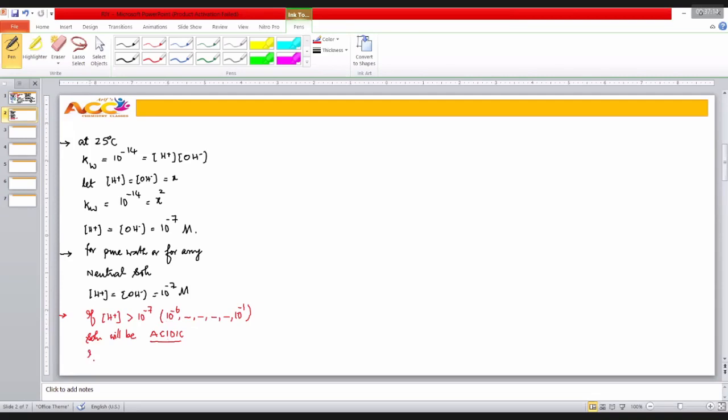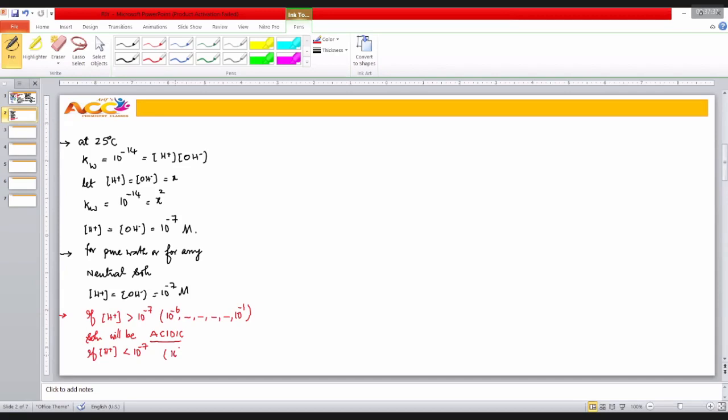Similarly, suppose someone says, sir, H plus ion concentration is less than 10 power minus 7. Who is dominating? OH minus ion is dominating, but throughout the chapter we always take the reference value as H plus ion concentration. Wherever there is a necessity, we use OH minus ion also, but the general discussion is with respect to H plus ion concentration.